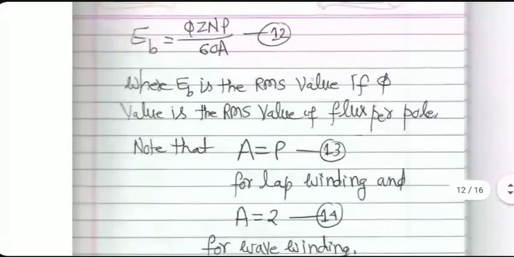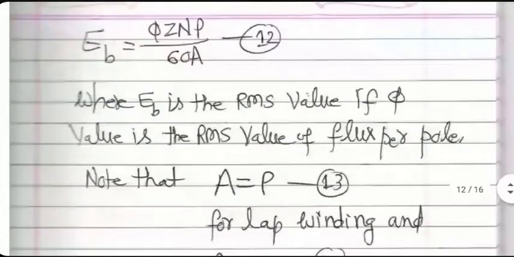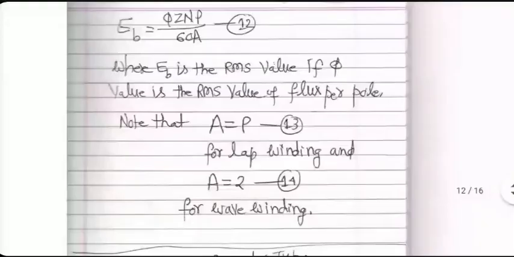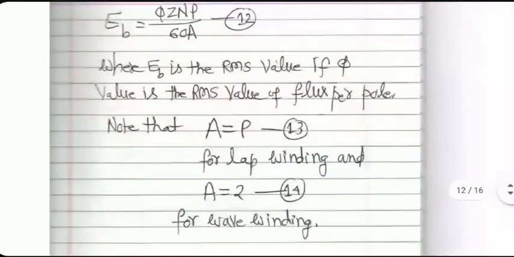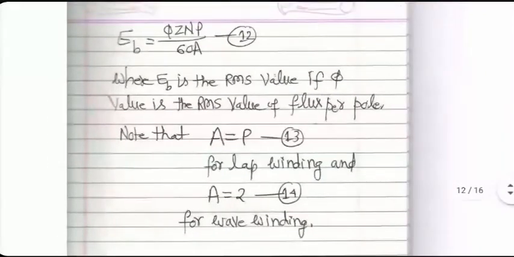Right now, just take it from me without proof that for lap winding, the number of parallel paths is the number of poles, and for wave winding, the number of parallel paths is 2, standard in these windings. So this equation essentially helps you in figuring out the generated voltage, at least in open load situation.